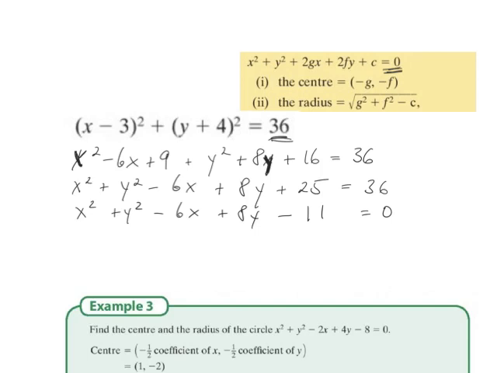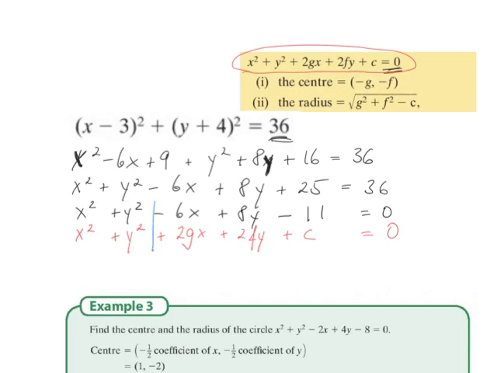So I'll just write that underneath. So that is this general form: x squared plus y squared plus 2gx plus 2fy plus c equals 0. So if I compare the numbers now, 2g is the number in front of the x.